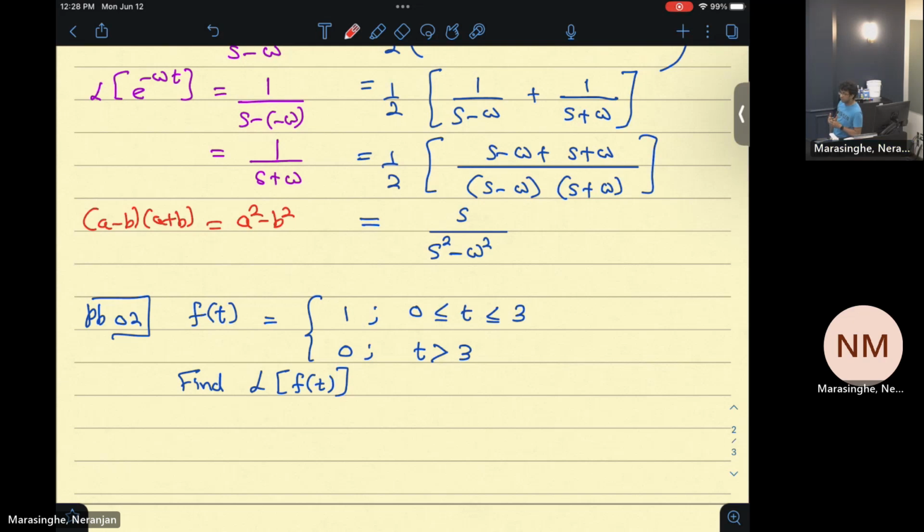Just apply the definition for that integral.